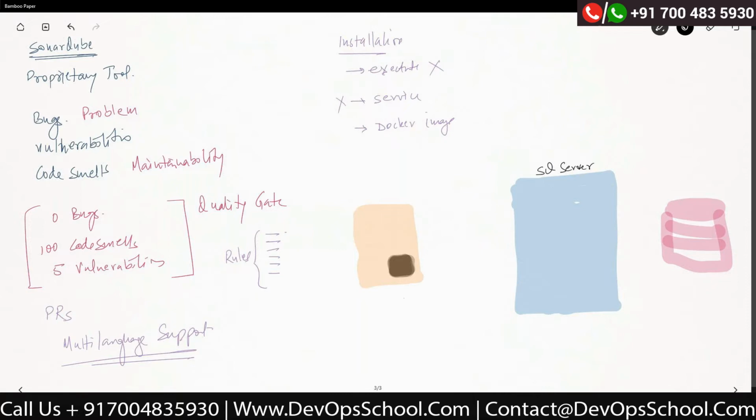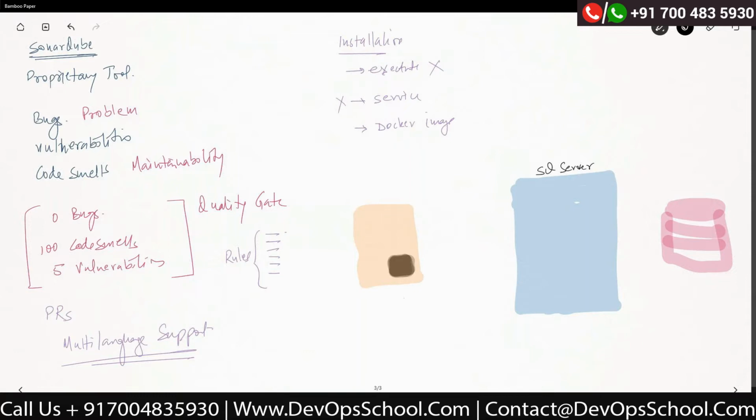What is SonarQube server? SonarQube server is the central place or central storage where all your analysis is done, where all the intelligence of your static code analysis components is stored. Okay, so all the static code analysis reports you see here, all the static code analysis history is stored here, right?